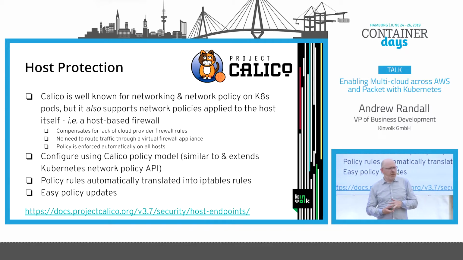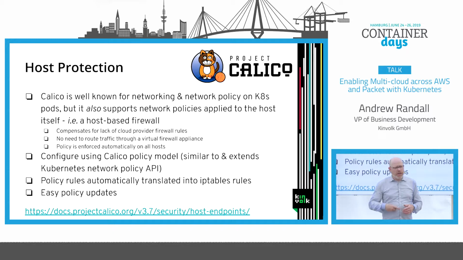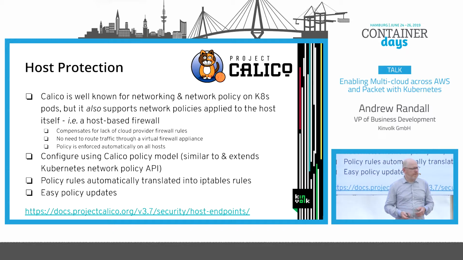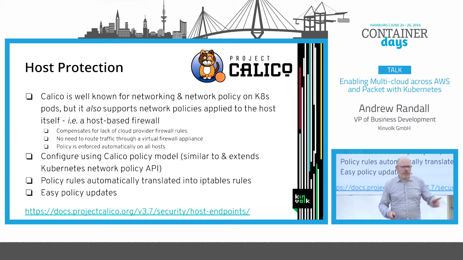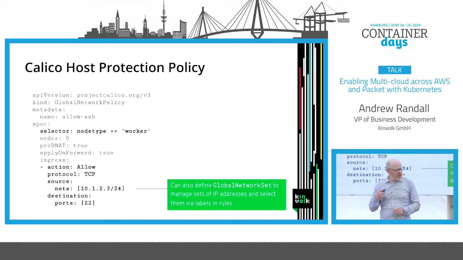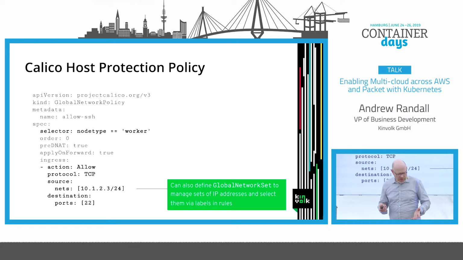It uses a very familiar Calico policy model. You can apply labels onto hosts in the same way that you would apply them onto pods, and it does very easy updates. I think the slides will be available with a link to instructions for how to do this.